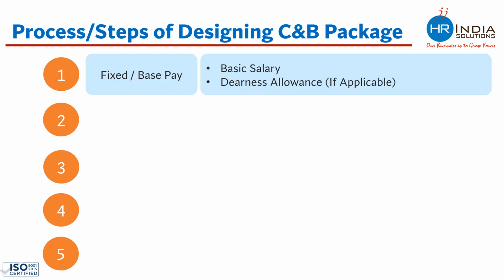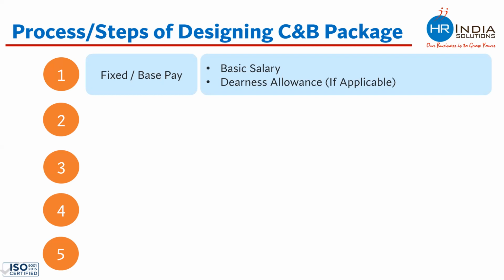In private companies, you will hardly find DA. So DA is optional. If it is applicable in your company, you need to decide DA also. Otherwise, basic salary is one of the most important steps to proceed with a compensation and benefit package. So in the very first step, we decide the basic salary of the person and DA if it is applicable or if it is there in your company.